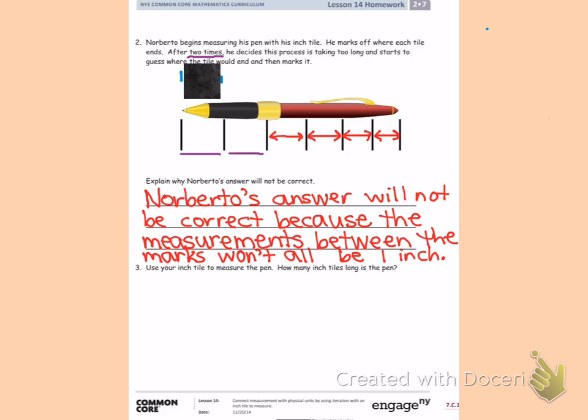Then I'll move it and mark it again. I'll continue doing the same thing until I get to the end of the pen.